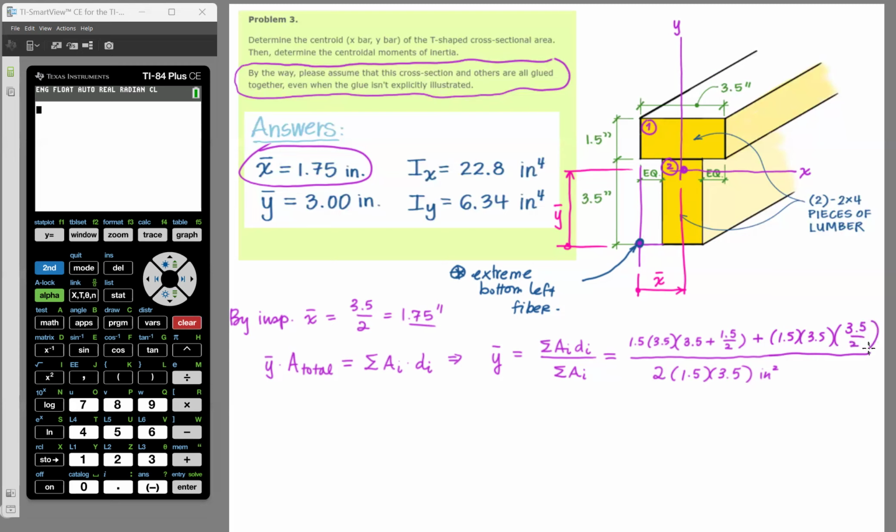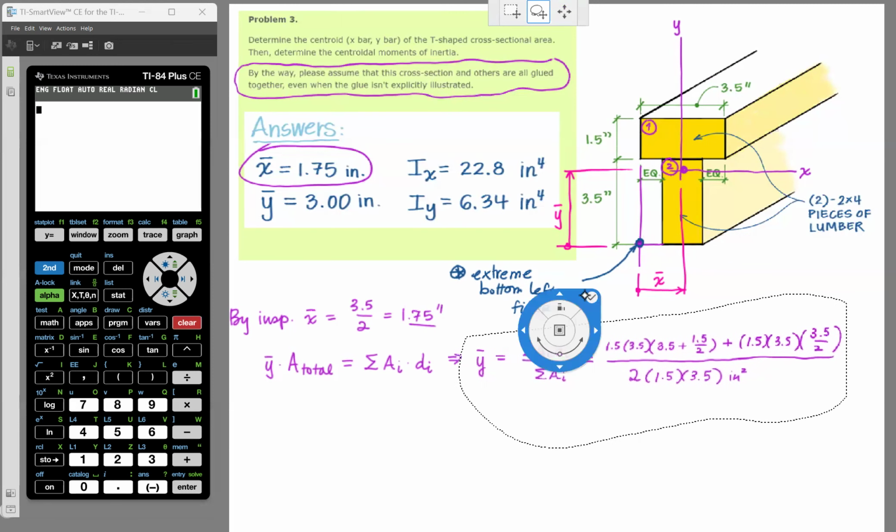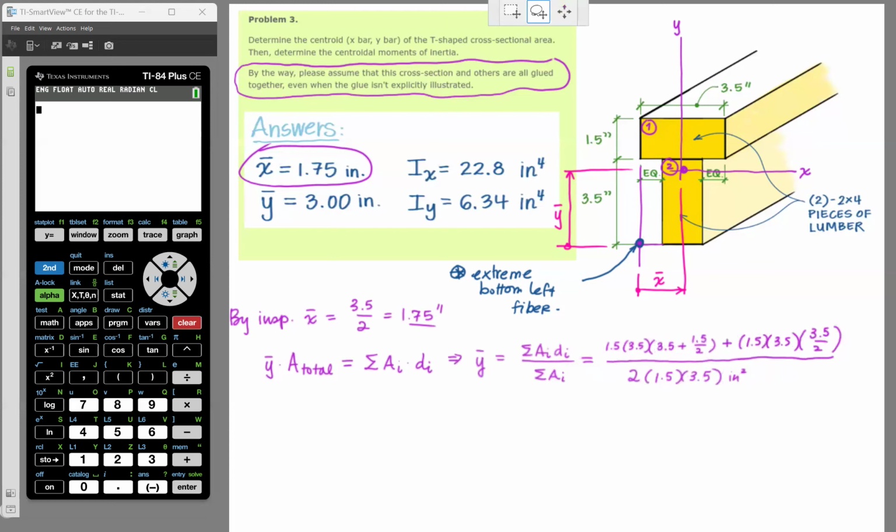And that numerator is all in inches cubed. Okay, inches cubed. So in terms of my unit analysis, I have inches squared, inches cubed, so we're going to report our answer in inches here.